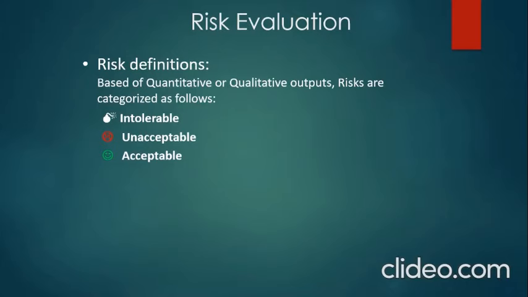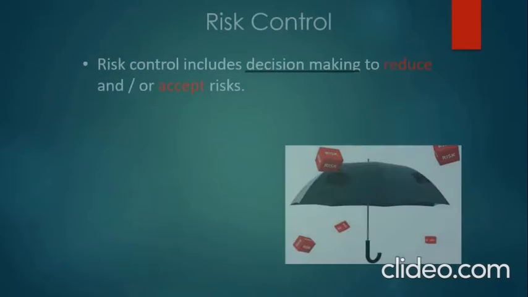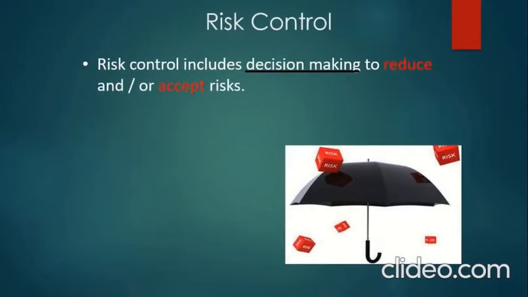And finally acceptable: the risk is acceptable, but no risk reduction or detection control is required. If the risks count as unacceptable or intolerable, then we need to control the risks.